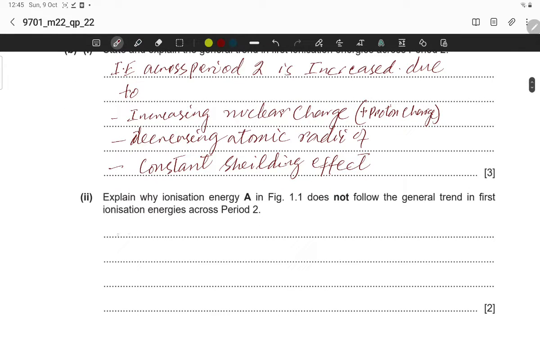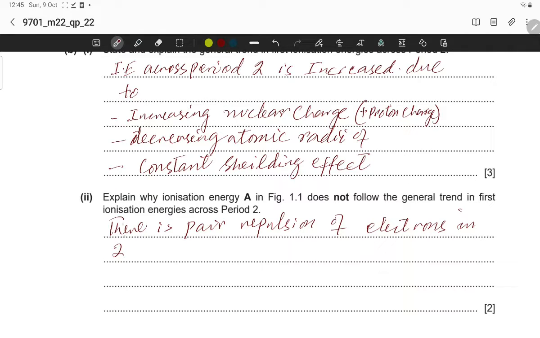So there is pair repulsion of electrons in 2p orbitals of oxygen.